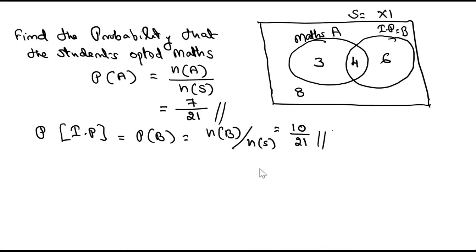This is what we have learned probability means. Here we asked the number of students who opted maths, which we took as 4 plus 3, 7.